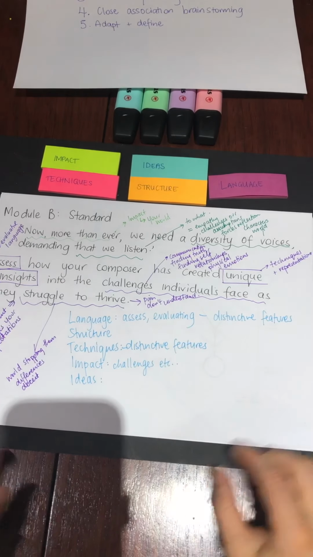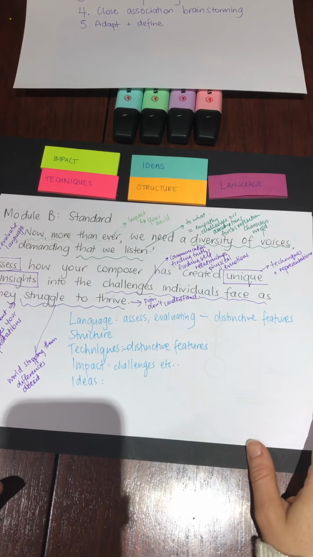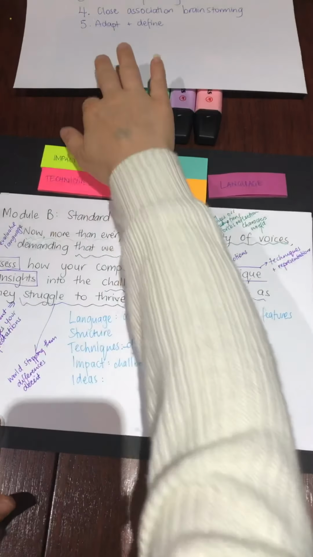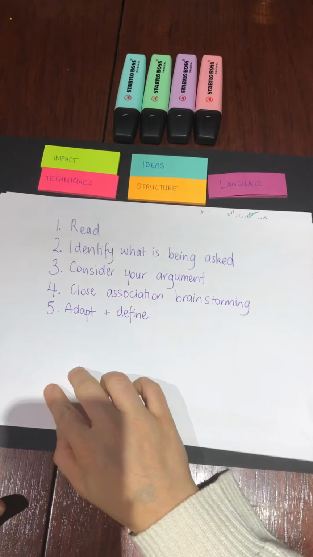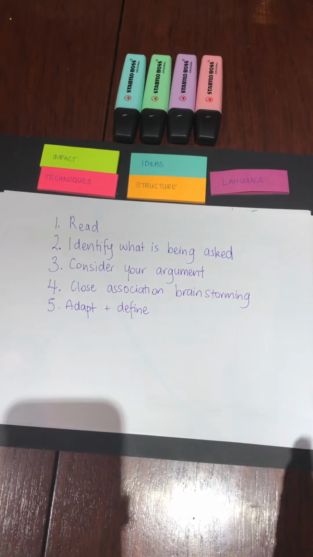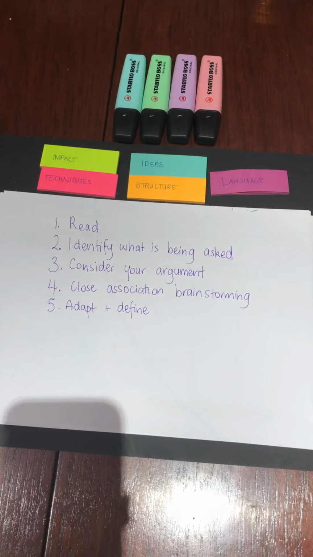So as you are studying at this point, you should be reading different questions, breaking them down, reading them first, identifying what you are being asked, considering your argument, doing some close association brainstorming according to your argument and your text, and then adapting and defining, and get this down to a very quick and concise process. Good luck.